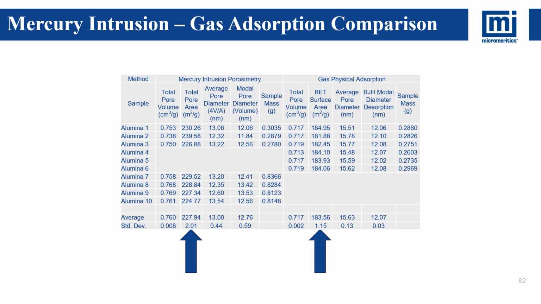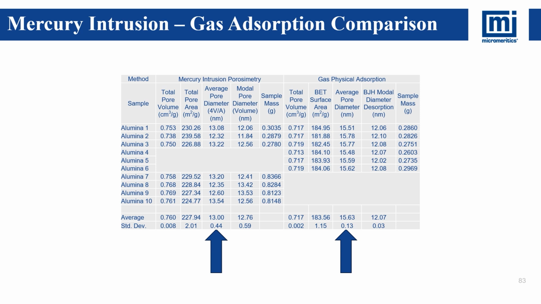Okay, let's take a look at the average pore diameter. The average pore diameter is the diameter of a cylinder that could have the total pore volume and the total pore area is found. Now, we know that the pores are not cylinders, so neither one of these is necessarily that reliable of a value.